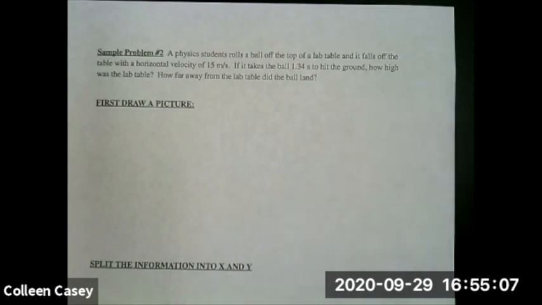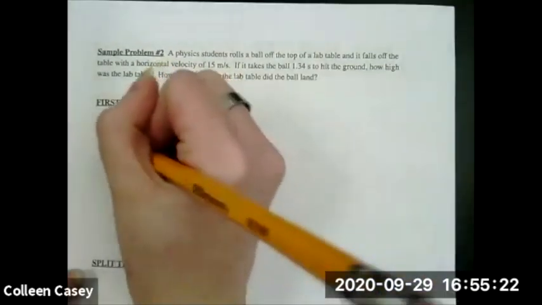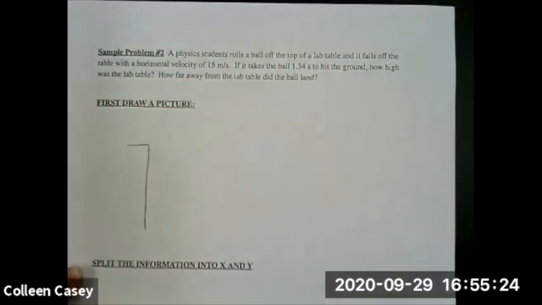One strategy that some people find useful, this is not a strategy you have to use, but it is something that some people find useful, is to color code the information. So I'm going to draw my picture and then color code everything that I've got. Again, this is not to scale. Here's my beautiful table, and it does not tell me the height of the lab table.